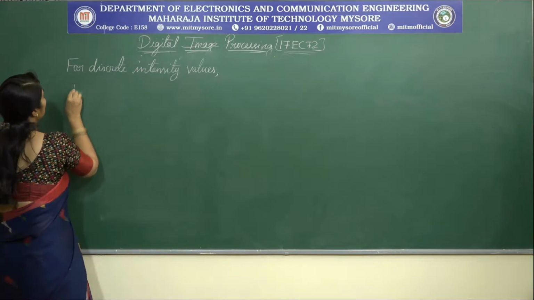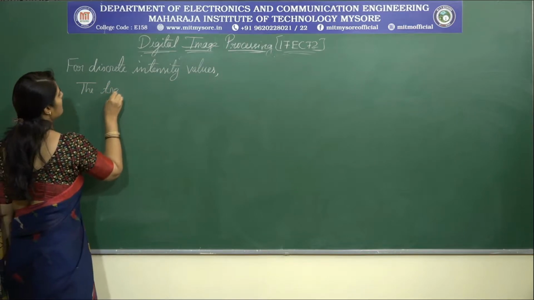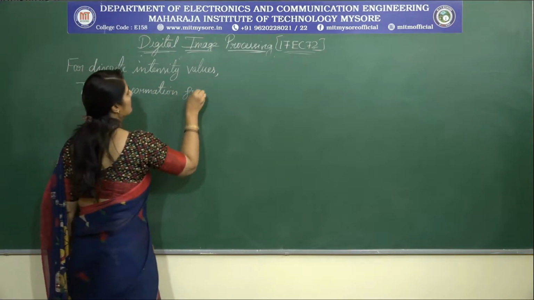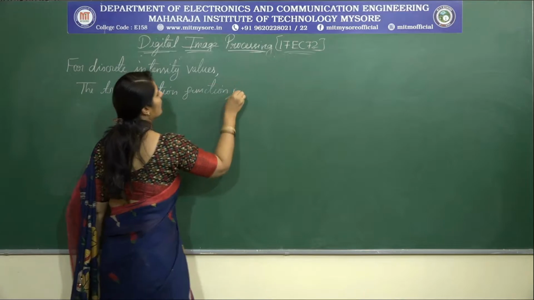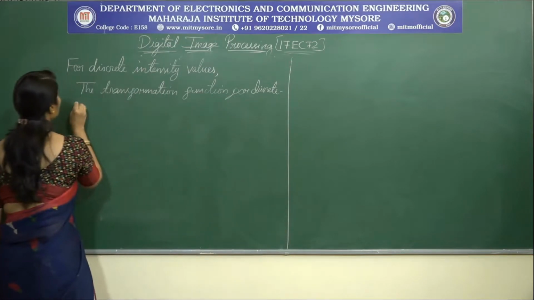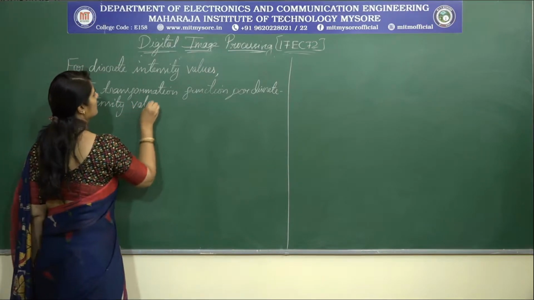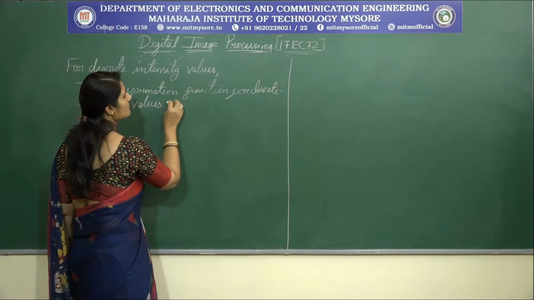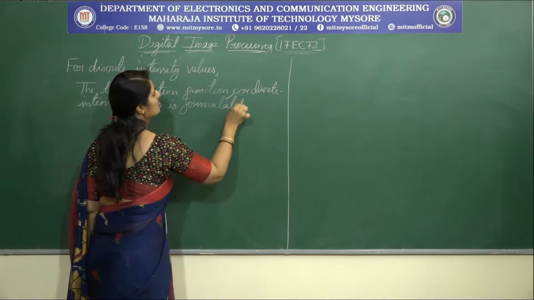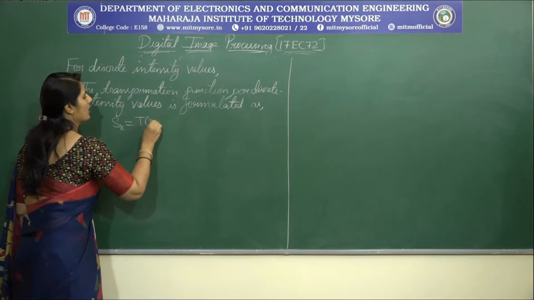So directly I'll write the transformation function for discrete intensity values is formulated as Sk is equal to T of Rk.